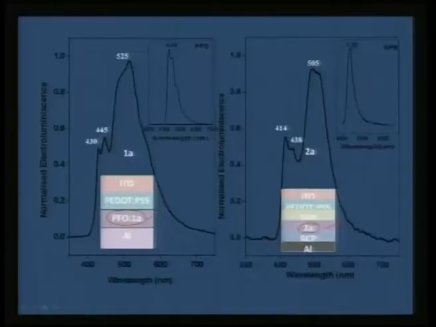Now, whatever be the case, whether it is spin coated with a PFO 1A composite or whether it is a vacuum sublimated, thermally evaporated layer, whatever be the device configuration, you can see almost a similar feature in the electroluminescence. This is the electroluminescence data.